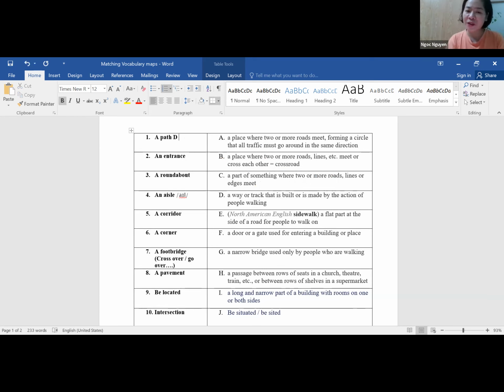Very narrow. Yes. It's narrow, right? Because it's formed, it's made by the action of people walking. So usually it's small. It's nothing compared to a superhighway or an avenue.